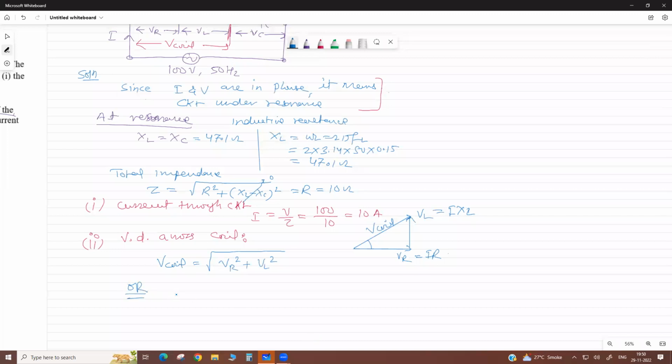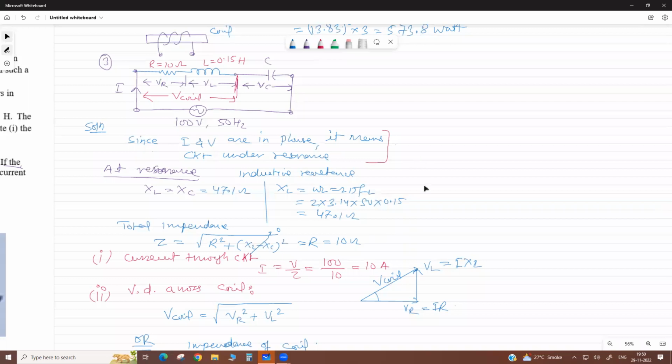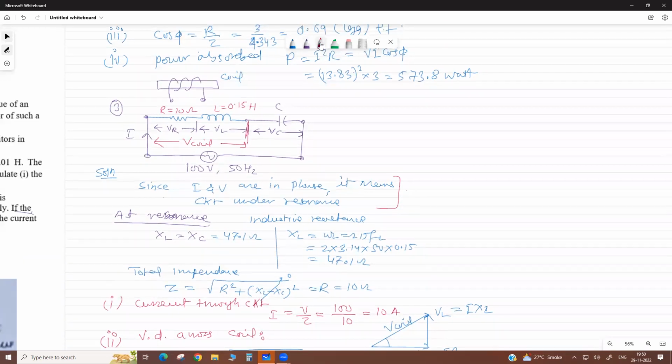Then you could do this, or there is another method. You have to calculate the impedance of the coil. Coil means it has a resistance and reactance. Now it is not the impedance of the circuit; the circuit impedance is R only, 10 ohm. But now we consider the circuit up to this part only. So it is like a series RL circuit.